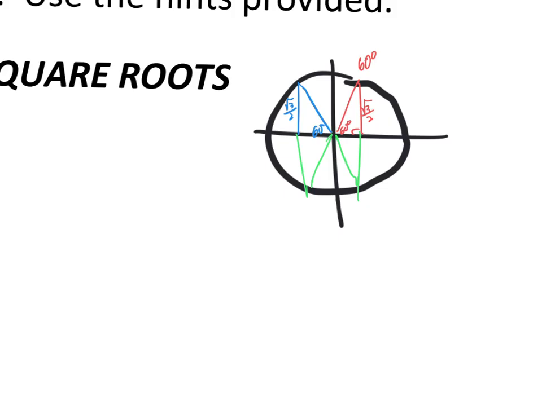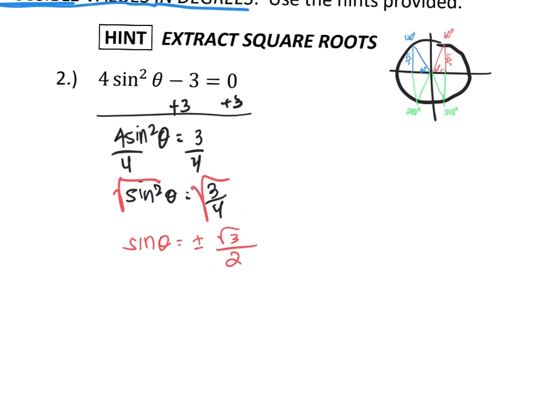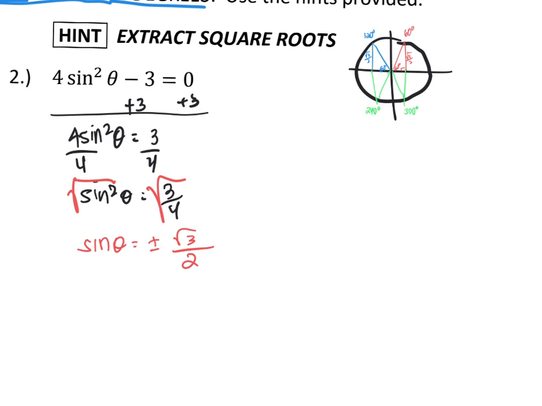Okay, so these values are 60, 120, 240, and 300. So those are our answers, and we want to add plus 2 pi n to each of them.